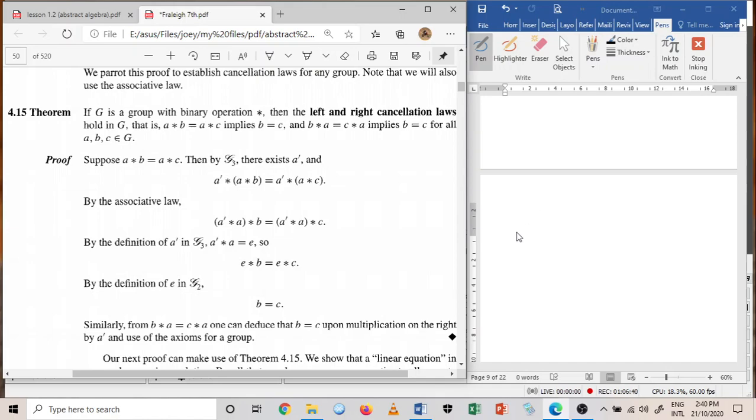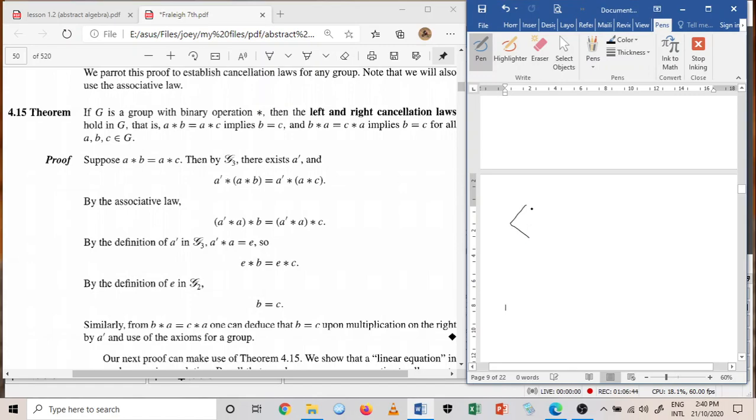Okay? So, for example, we know that the set of integers is a group under addition, but that is just a subset of a larger group, which is the set of real numbers under the same operation. Okay, we are talking of the same operations here.